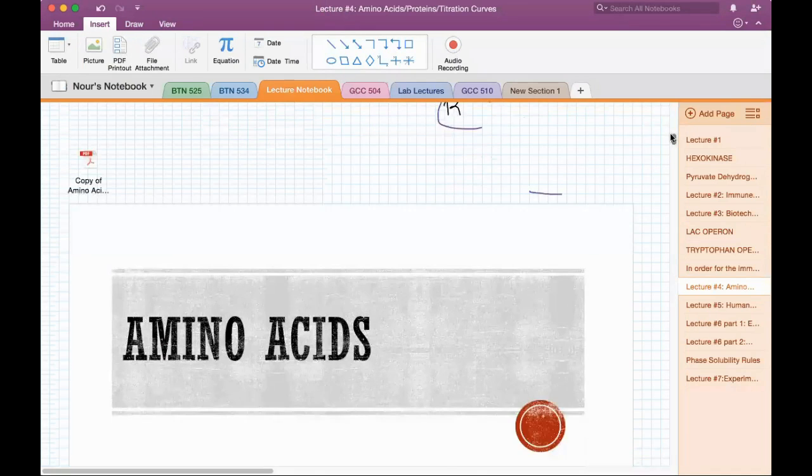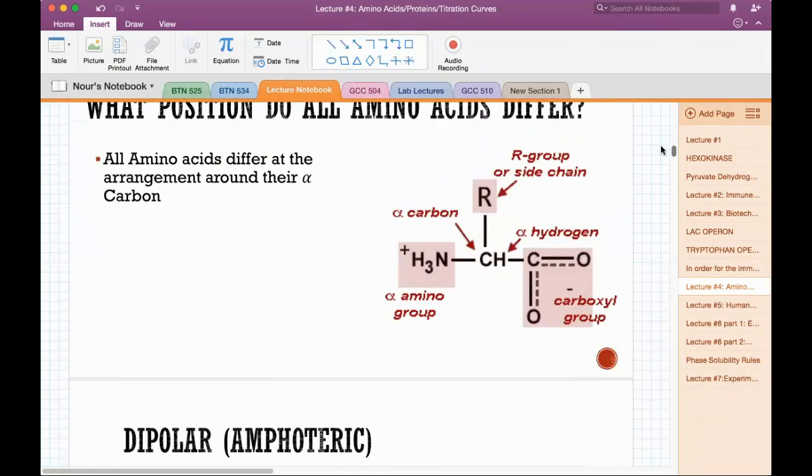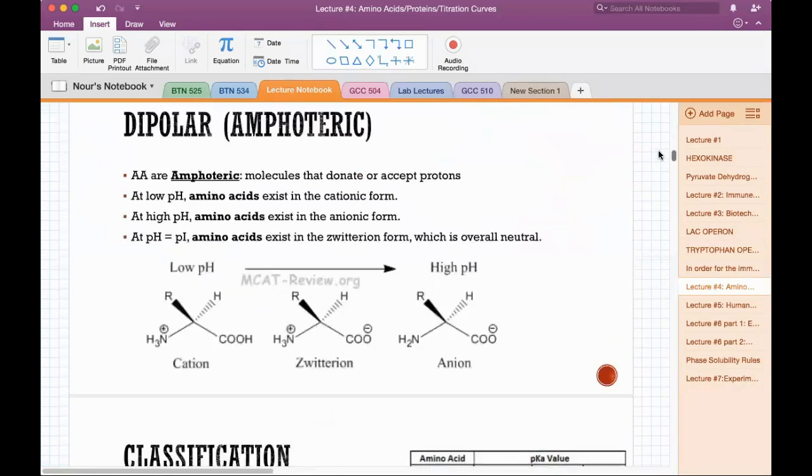So this is a PowerPoint that my friend made, and a lot of this covers what I said, but some of it is pretty helpful. Amino acids are amphoteric, meaning that they can donate or accept protons. They can be acidic or basic; acidic is the negatively charged amino acids, positively charged amino acids are basic, and then there's neutral.